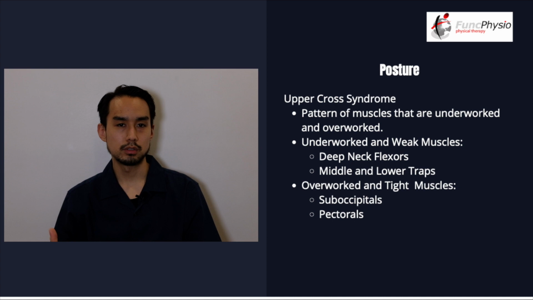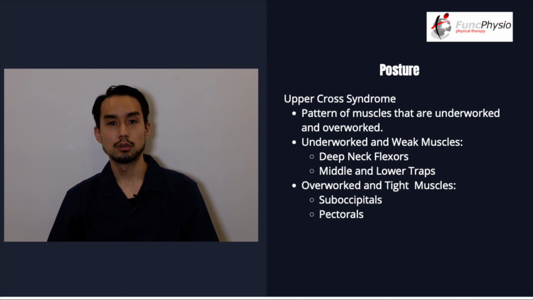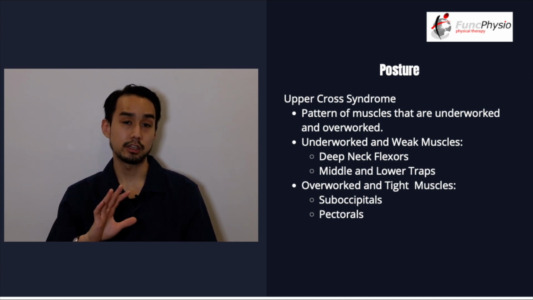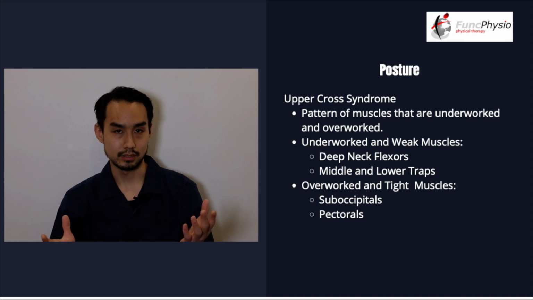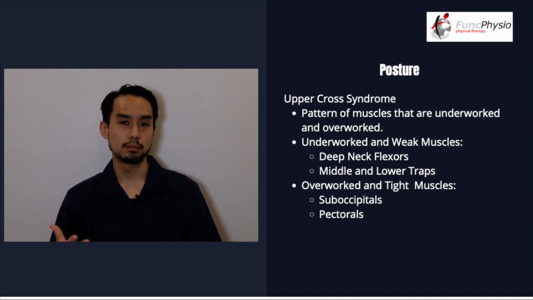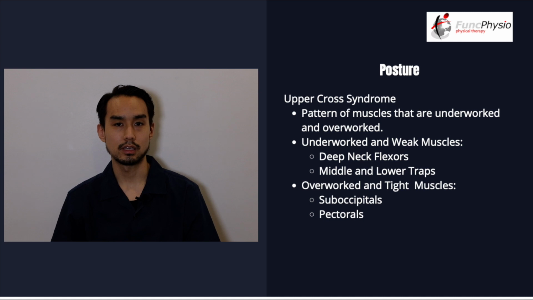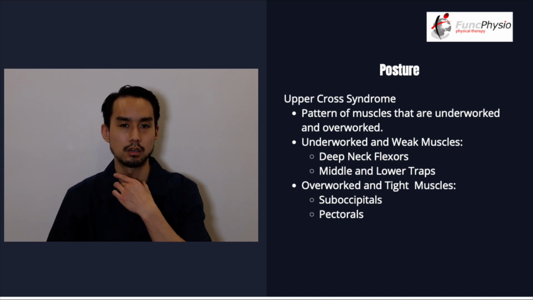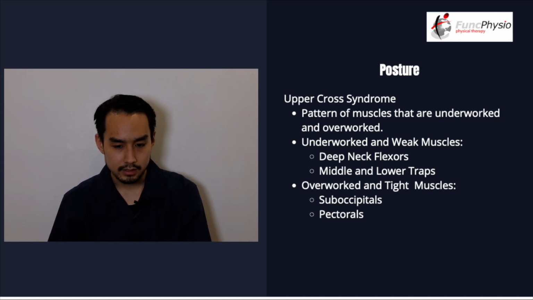One of the trends that we notice is what's called an upper cross syndrome, where we have tightness in certain areas of the body and looseness or weakness in other areas. One pattern that we notice with our neck and chest is that when our shoulders come in, our lower cervical spine is going to flex or bend, and then our upper cervical spine, the head and chin, are going to come up.